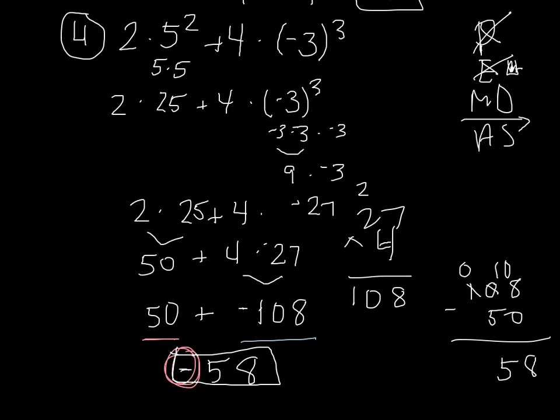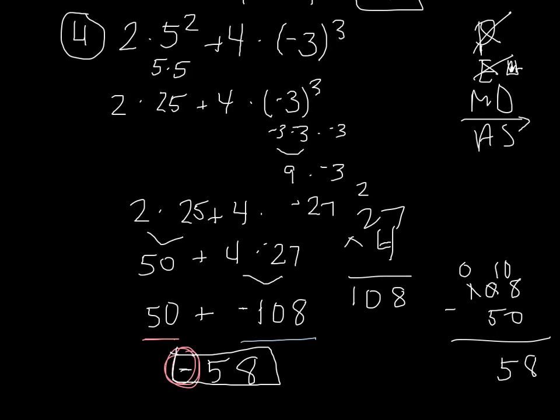Again, pay very close attention that you're following Please Excuse My Dear Aunt Sally. Pay very close attention that you write down every step along the way. I know I'm going to have to say this again, but it would make me so happy if you just listened to me the first time. Do it step by step, because if you make one little mistake and think that 5 times 5 is 10, your whole answer is off, you guys.